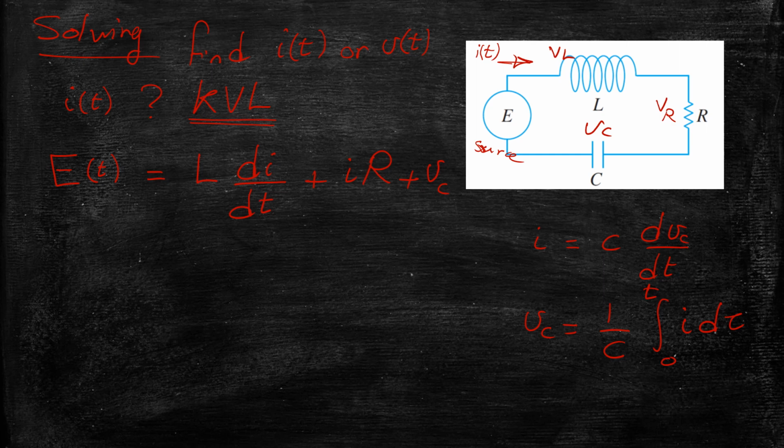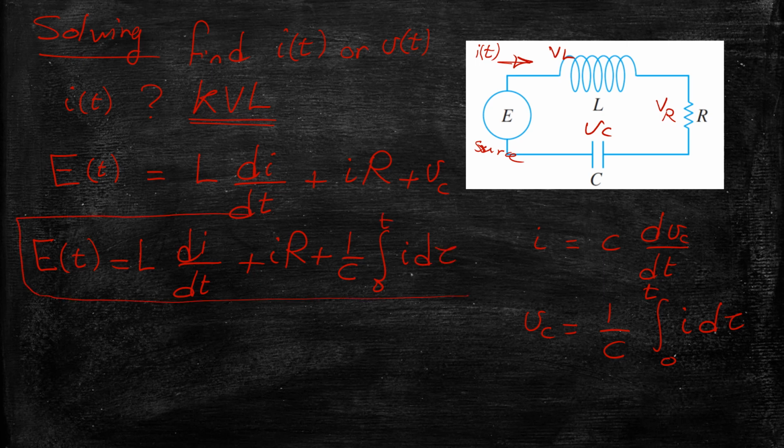This means I can put this equation as L di by dt plus I times R plus 1 over C times the integral of I dt. This equation, as we previously discussed briefly, is a differential equation, and we have here some integral.